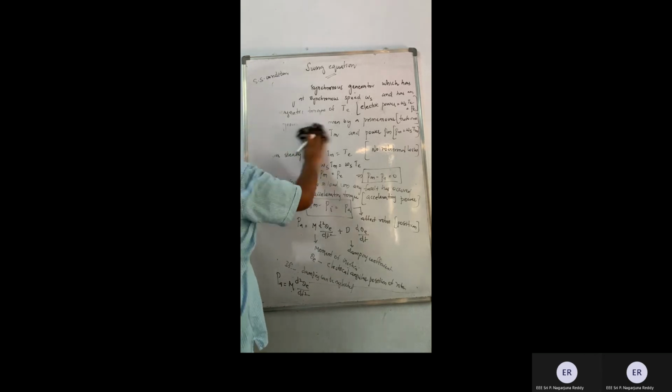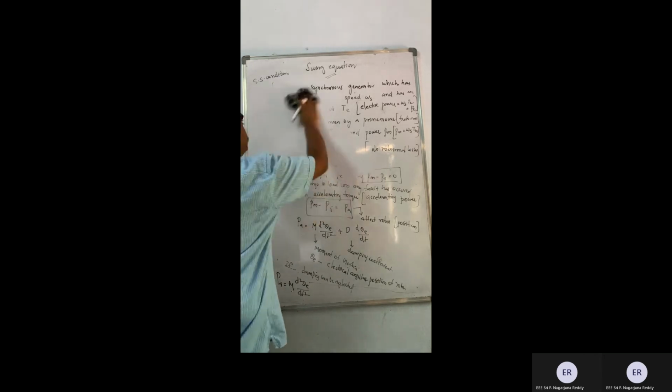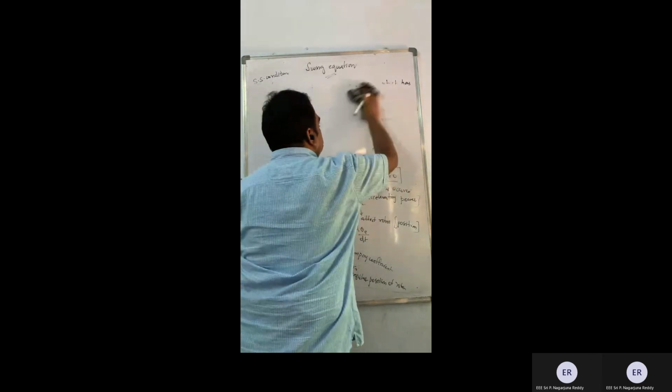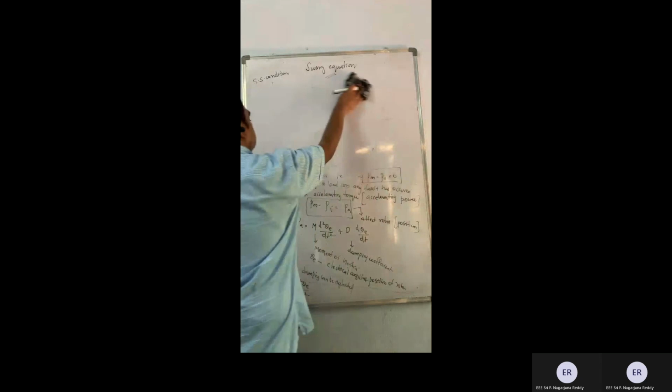Now I'll show you one thing. Now angular position of the rotor, whatever I have represented as theta e. Normally the rotor angular position will be like this.